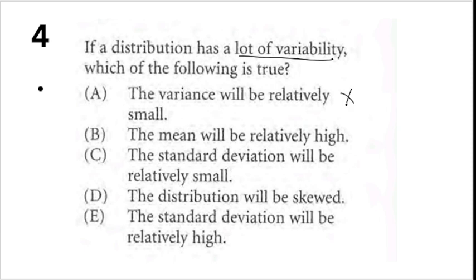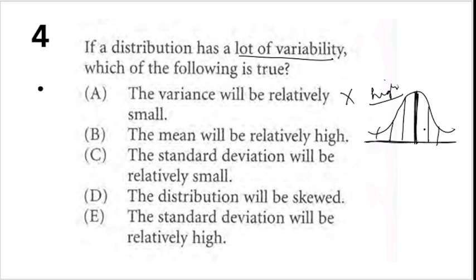No, it will be high, right? Variance is the deviation. For example, if I create this NPC or normal probability curve, we have a lot of standard deviation, which shows us the variability, the dispersion of the whole data. So variance should be higher if there is a lot of variability.